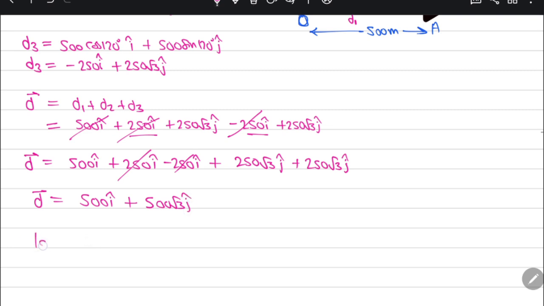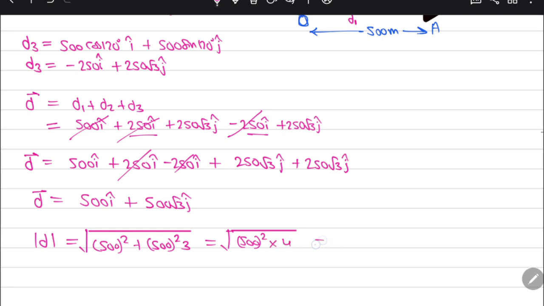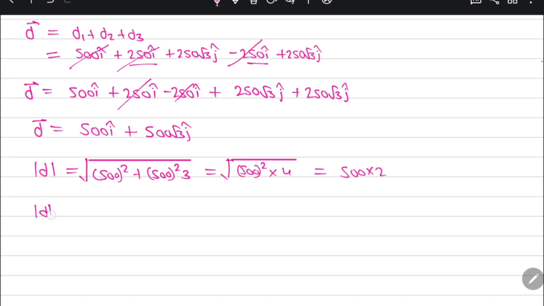Now the magnitude is the square root of 500 squared plus 500 squared into 3. Taking 500 common, that is 500 into root 4, which is 500 into 2. So this displacement comes out to be 1000 meters. Getting my point?